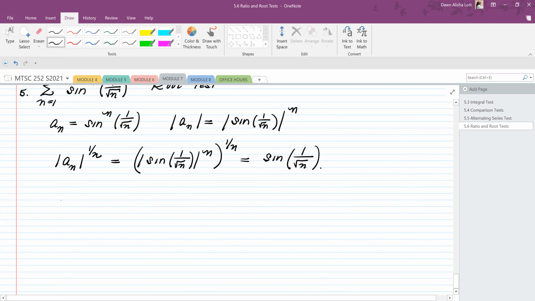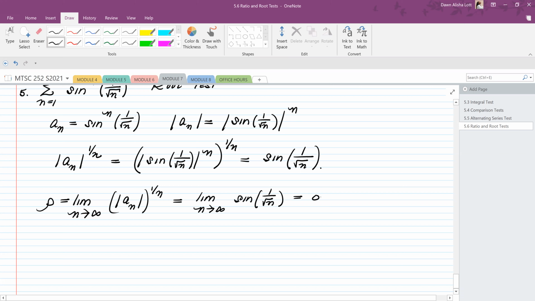So now rho is the limit as n approaches infinity of that, which is the limit of the sine of 1 over the square root of n. As n goes to infinity, 1 over the square root of n goes to 0. The sine of 0 is 0. Okay, I'll actually write that out. Okay, any questions about that?